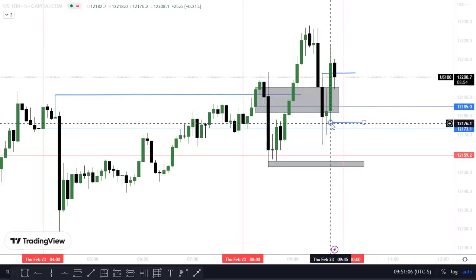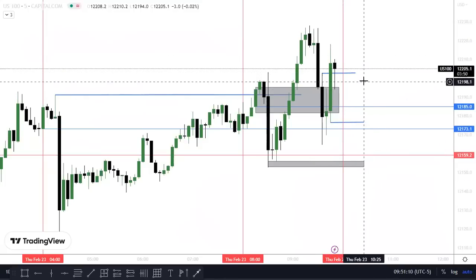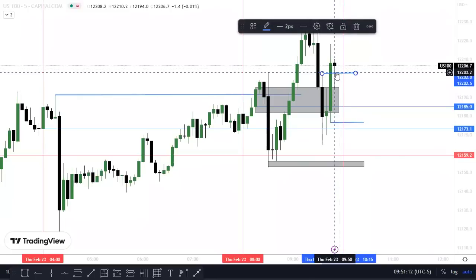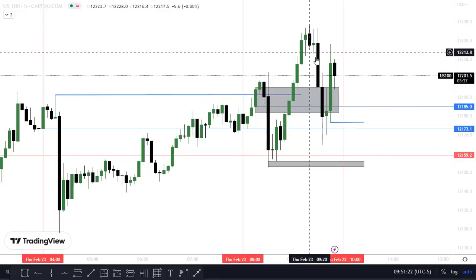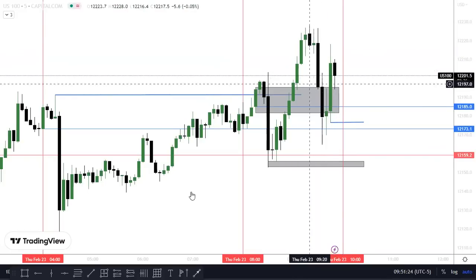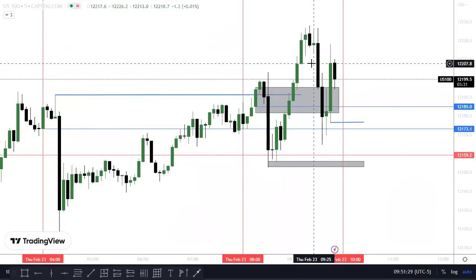If we get below here, we should not come back. So this is now the line in the sand. It's almost like looking for the OB to be validated for internal liquidity, because this is a pool of internal buy-side liquidity.